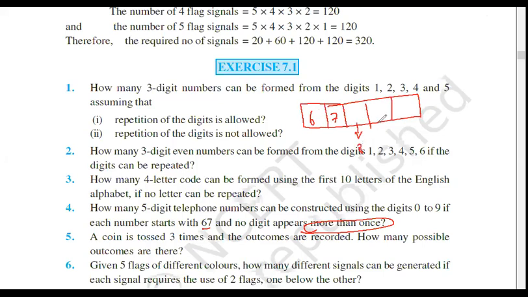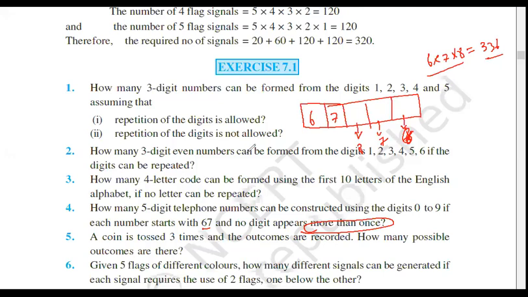8 options. Very good. For this, 7 options. For this, 6 options, right? So 8 into 6 into 7. 6 into 7 into 8. That is your answer, which is, yes, 336. Got it, everyone? Because first is already fixed now.